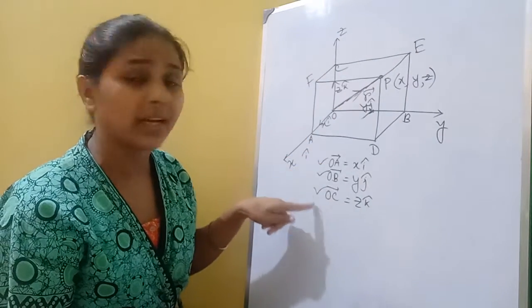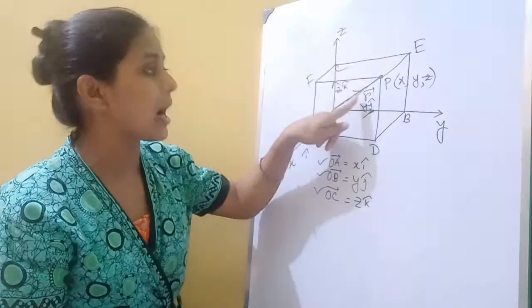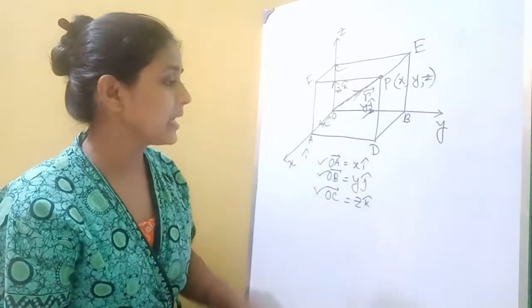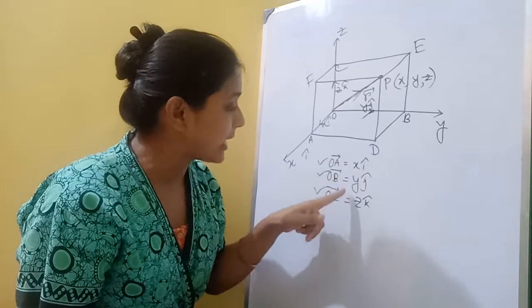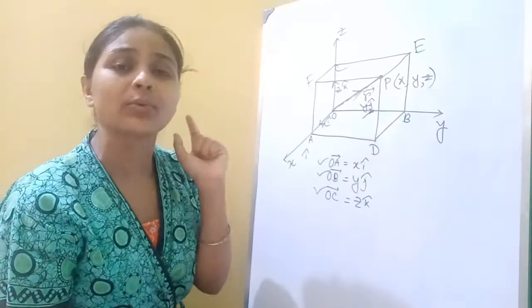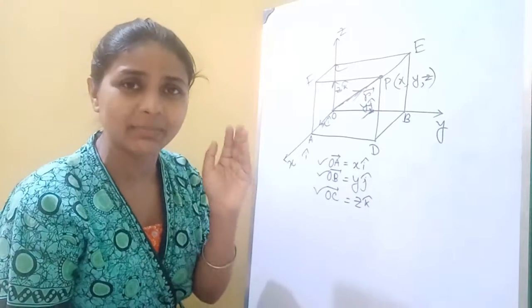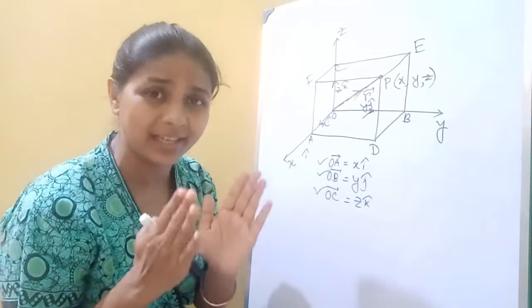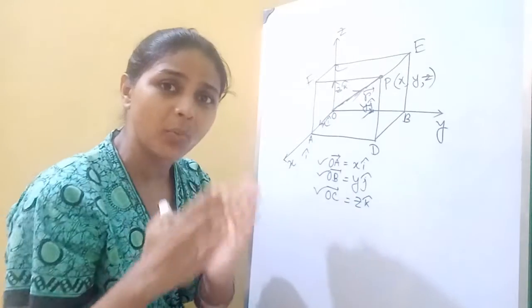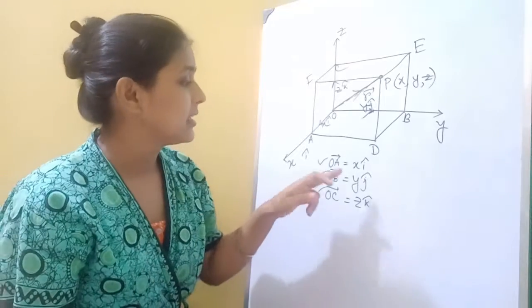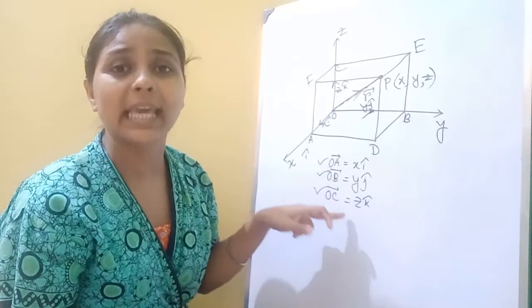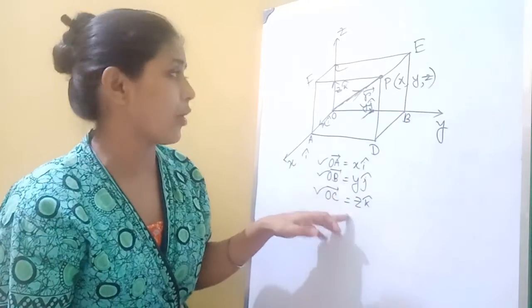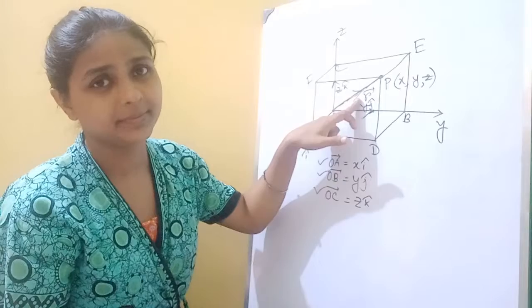And x, y, z, only x, only y, only z, that means the numbers, the scalars x, y and z, are the scalar components of the vector r.